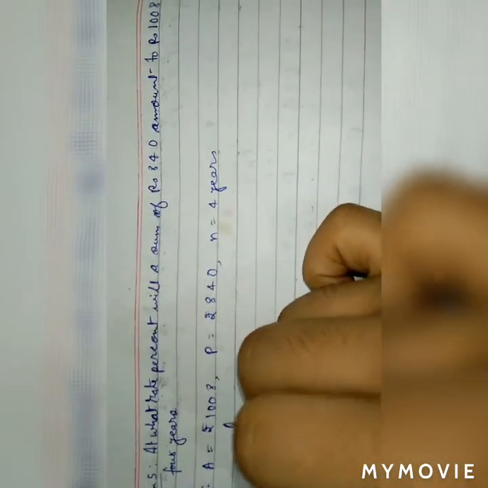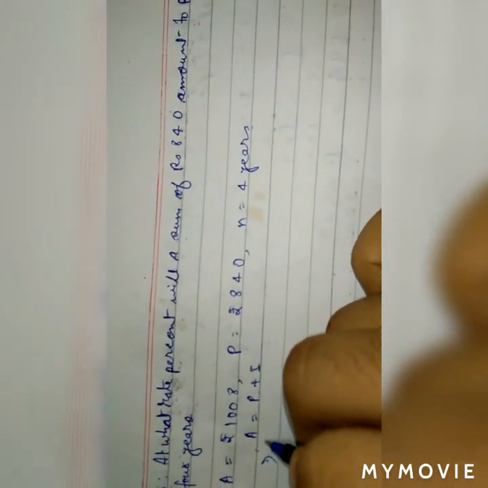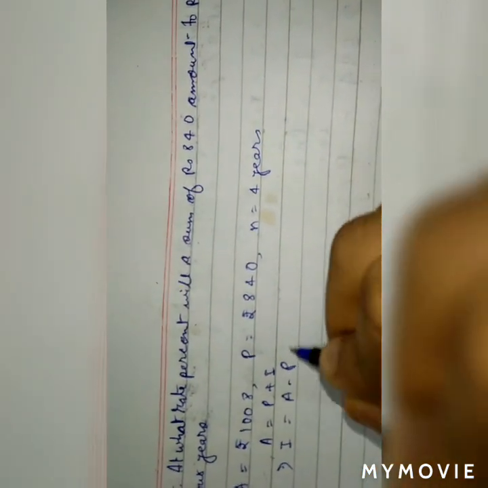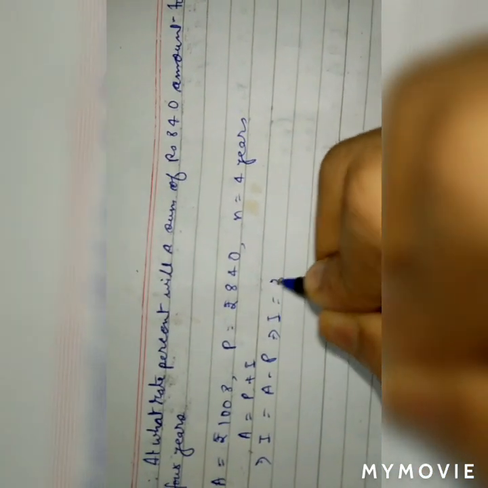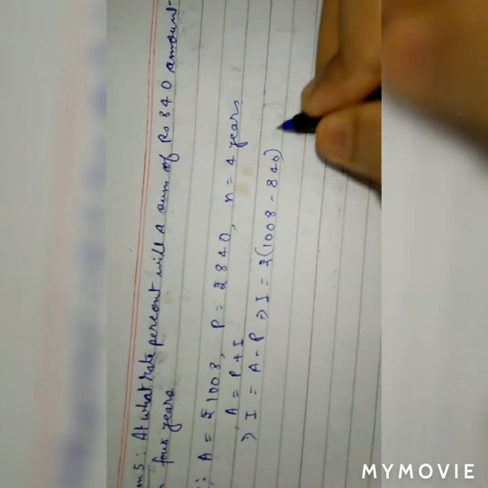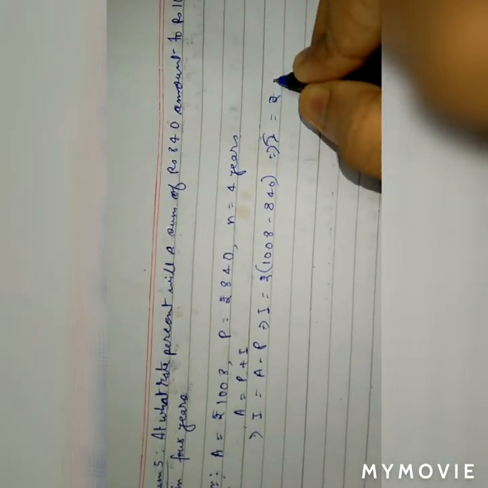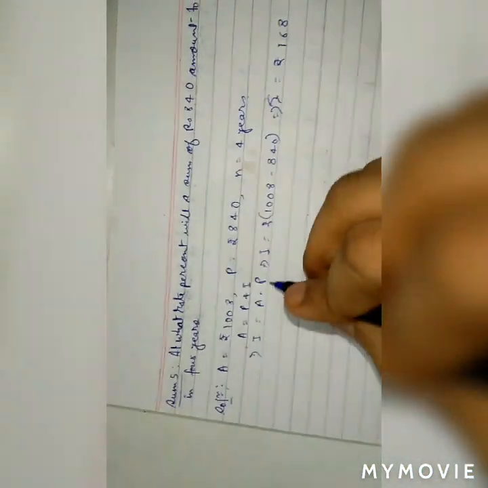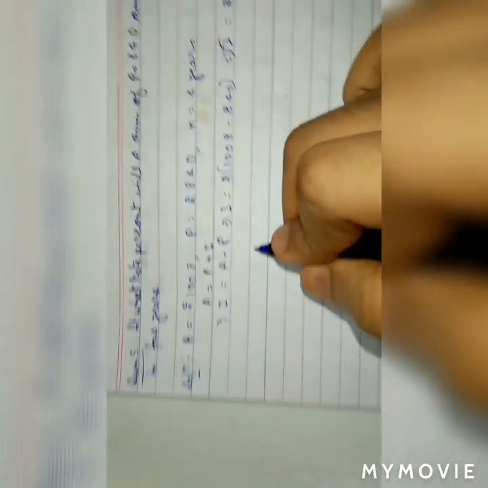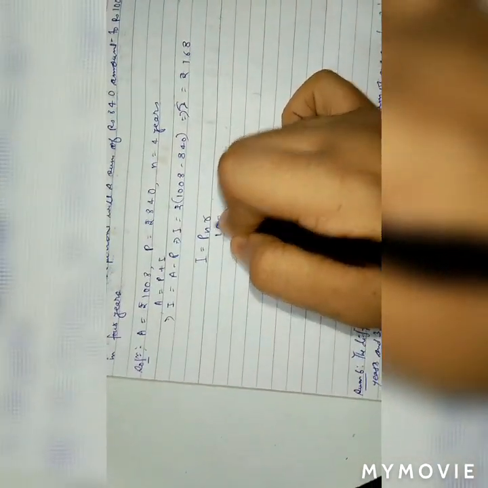Now we will find I. A equals P plus I, so I equals A minus P. I equals rupees 1008 minus 840. It implies I equals rupees 168. Now we will find out R with the help of I. I equals P into R divided by 100.